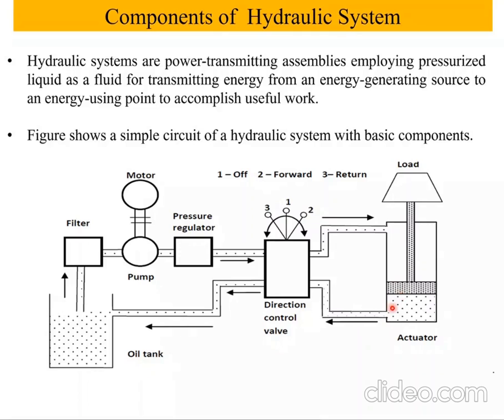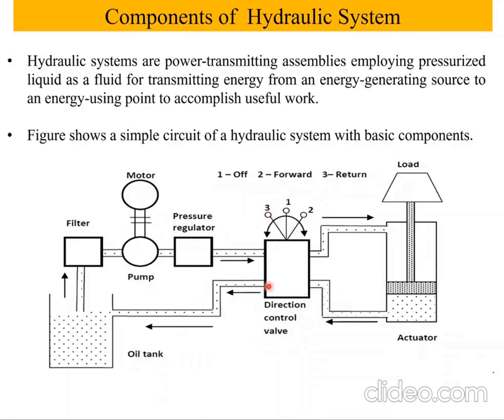And then that excess oil, which has escaped from both the sides of the piston, is returned back through the direction valve. Now here position 3 is for return. So we need to turn the valve to position 3 so that the return path is enabled.